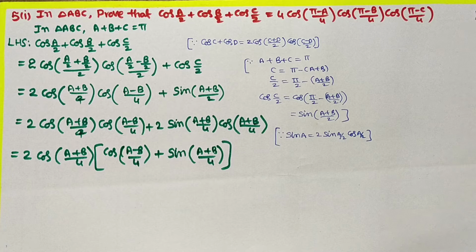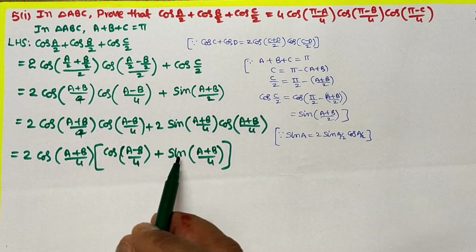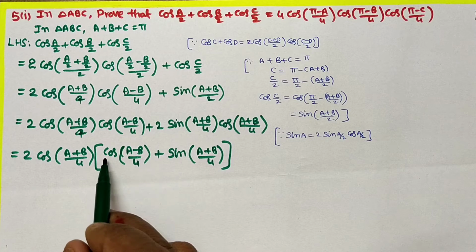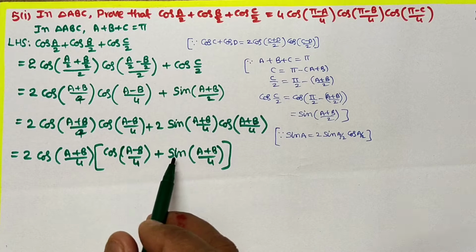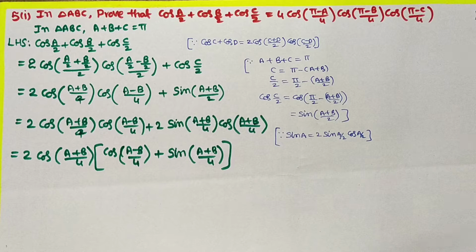To apply the transformations, we need to convert both the trigonometric functions into the same function. So here cos and sin are there, so sin has to be converted in terms of cos. Sin theta can be written as cos of (pi by 2 minus theta).